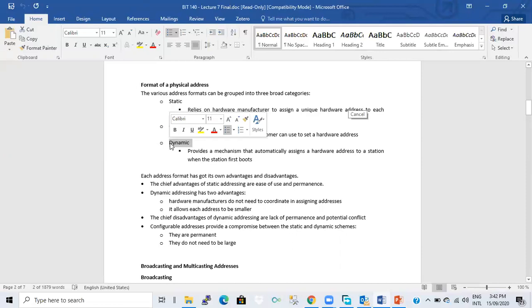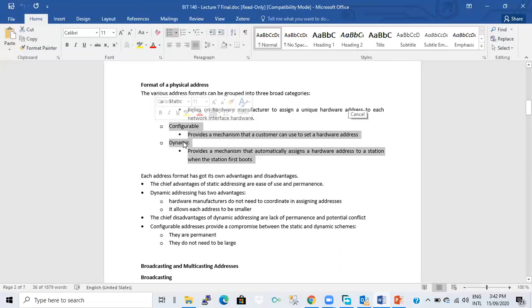These provide a mechanism that automatically assigns a hardware address to a station when the station boots. So the last two, the configurable one and the dynamic one, mostly are used in simulations. But in real life, we use static physical addresses.